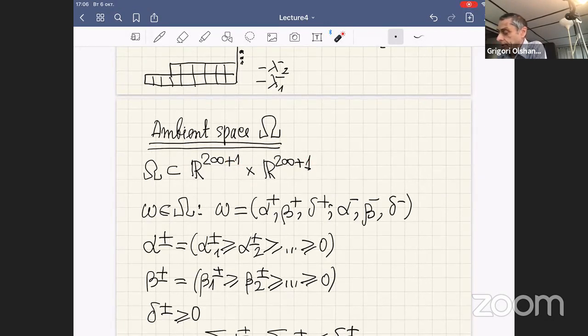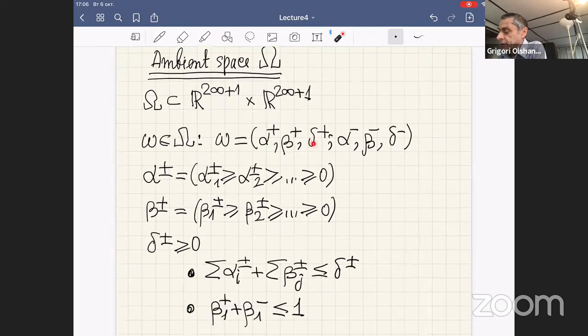So in sum, we have six objects: alpha plus, beta plus, delta plus, alpha minus, beta minus, delta minus, where the alphas and the betas are infinite sequences of non-negative real numbers, which I assume to be weakly decreasing.